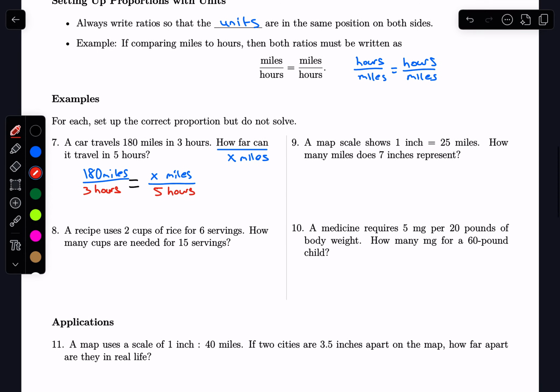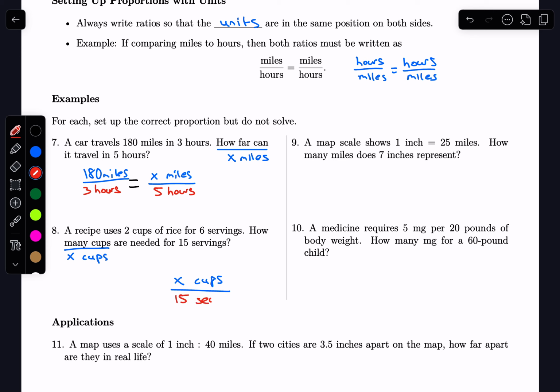Number 8, a recipe uses 2 cups of rice for 6 servings. How many cups are needed for 15 servings? So it says how many cups, so we're solving for x cups. What I want to do is write a proportion where x cups is going to be in the numerator, and down below that is going to be the number of servings that x cups corresponds to.